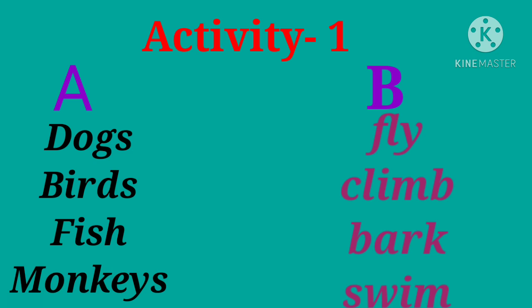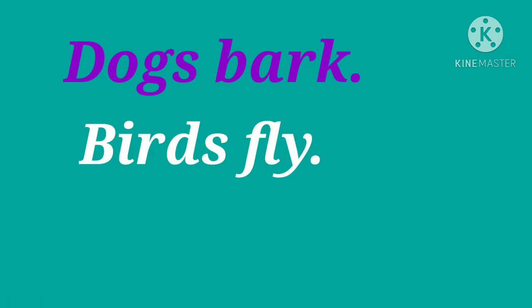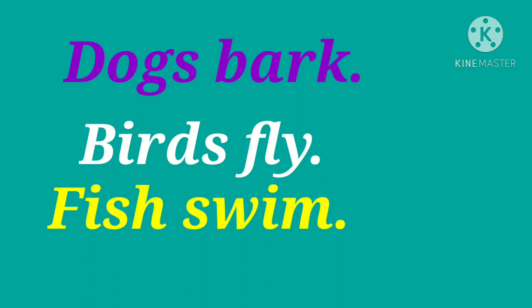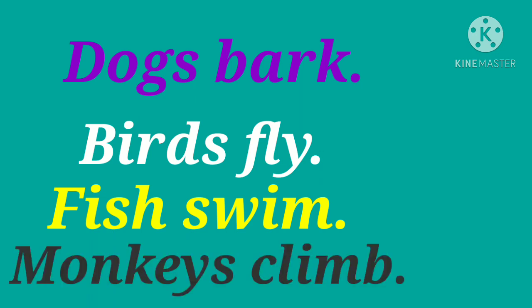So you see, when you join two words, column A and column B, you get a sentence. For example, dogs bark, birds fly, fish swim, monkeys climb. Okay?